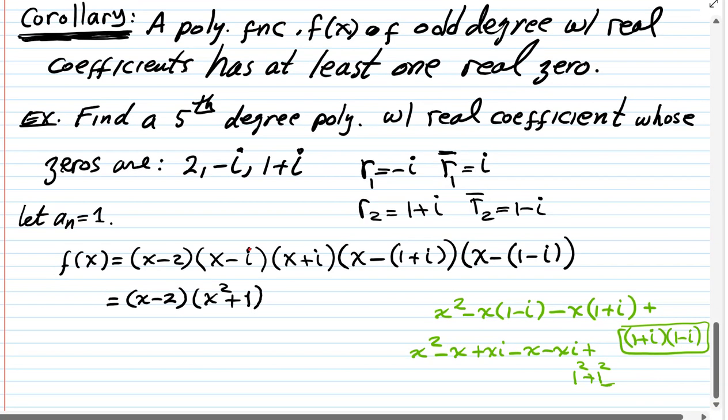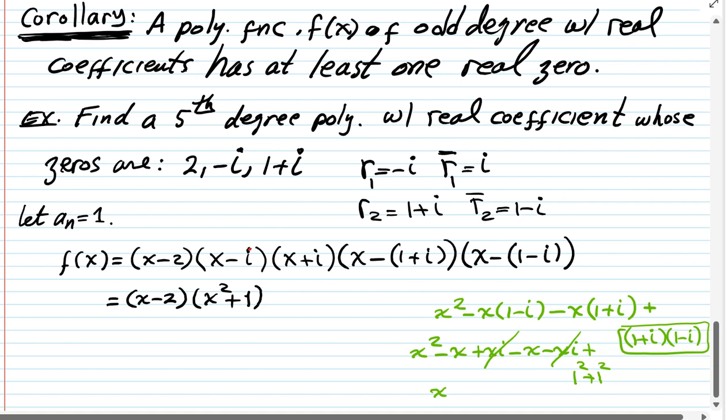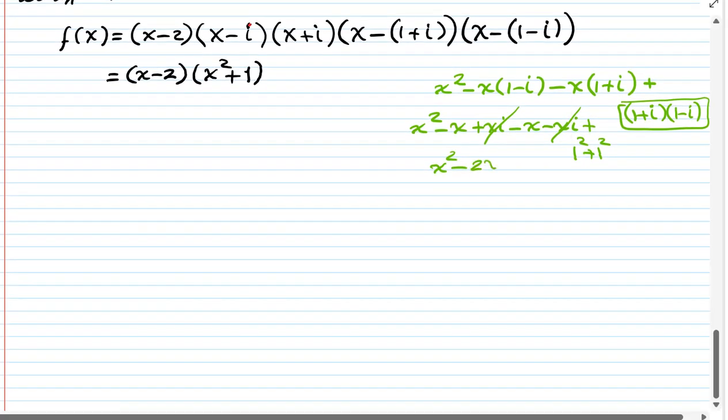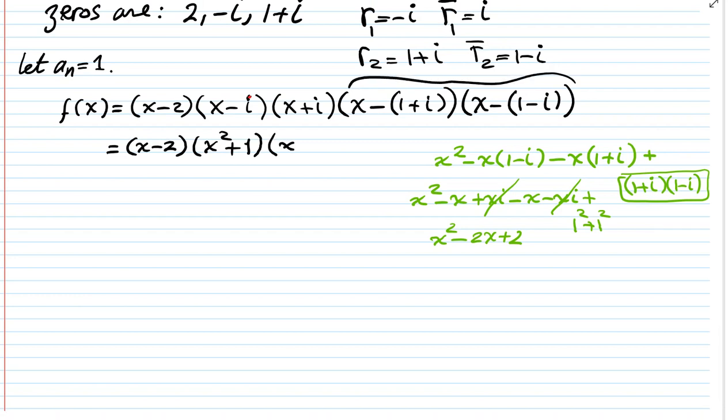All right. And let's simplify this work. Negative xi and xi, those are opposites. So this becomes x squared minus 2x plus 2. And that's going to be the result of the product of these 2. I'm going to multiply it by x squared minus 2x plus 2.